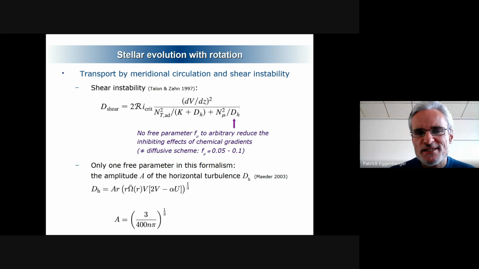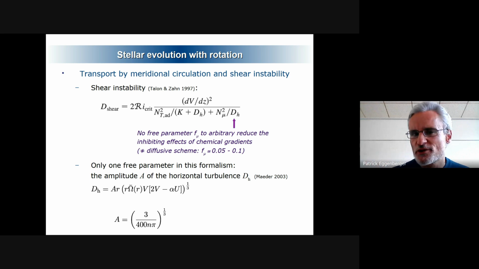And when we do this, you can directly relate to this hypothesis of horizontal turbulence to find a physical process to decrease this inhibiting effect of chemical gradients.